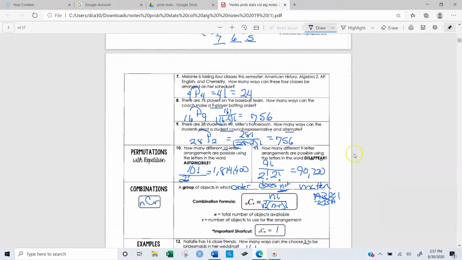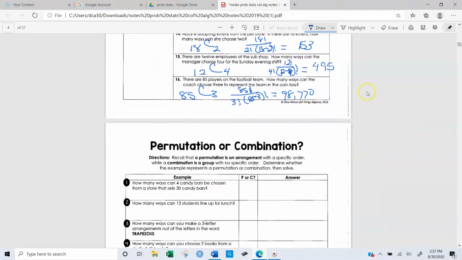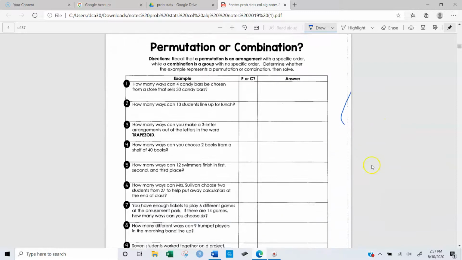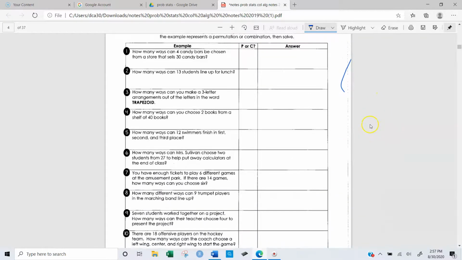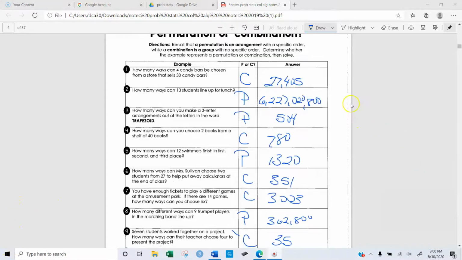Okay, you are on the next page, and you've got permutations and combinations. Right now, I want you to pause and see if you can get these down. Okay, I've typed them in so you can see what your answers are. I did a little bit. I want you to do more work than this.